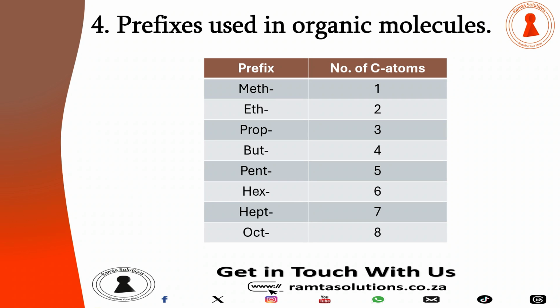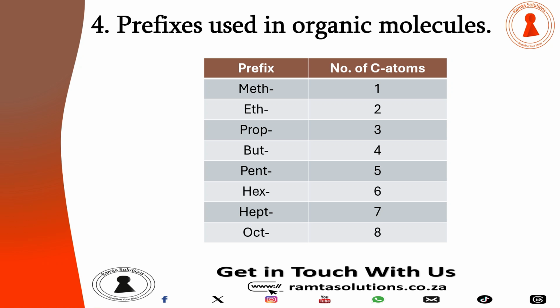So there are prefixes that we use in organic molecules. Remember, those prefixes are determined not merely by the number of carbon atoms. You don't just say, oh, there are 4 carbon atoms, therefore you are but.